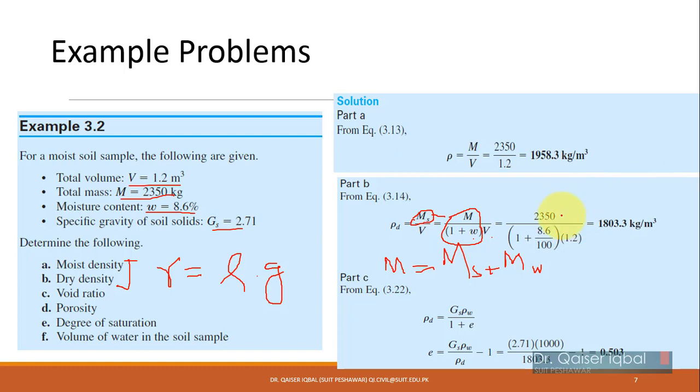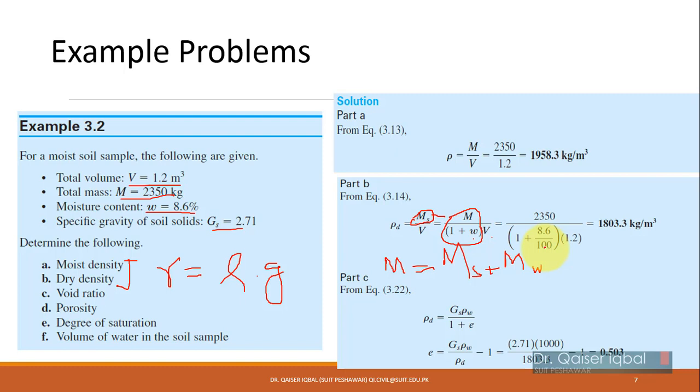So the total mass is 2350 kilogram divided by 1 plus moisture content. Now I told you that moisture content will always be in the form of a ratio. Over here it is in percentage, 8.6%, which basically means 8.6 out of 100. So I will write 8.6 divided by 100. You should write it as a ratio when you are using it in an equation, not as a percentage.